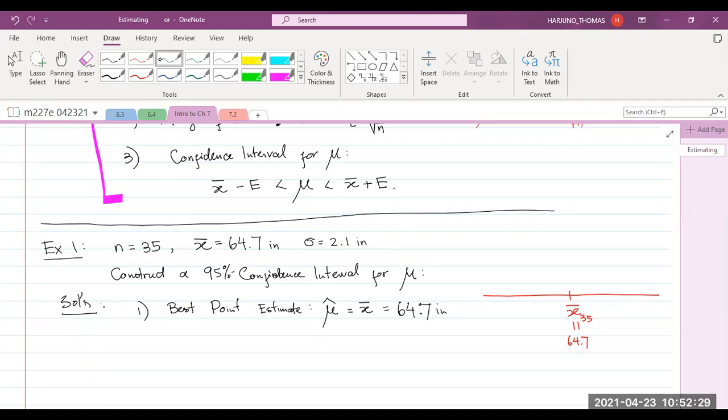Now if you ask me what the population mean will be, of course it can be more than 64.7, it can be less than. In fact, choosing one number saying that our mu is 64.7 is very likely wrong. Very likely the population mean of students' height is not 64.7.